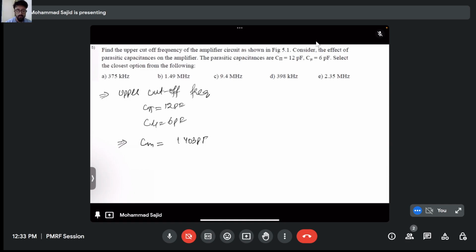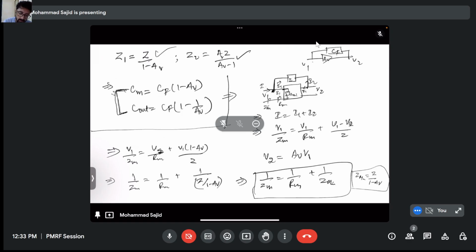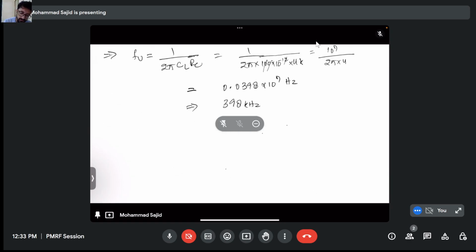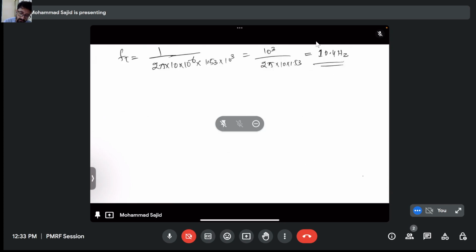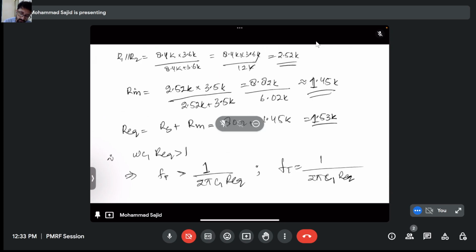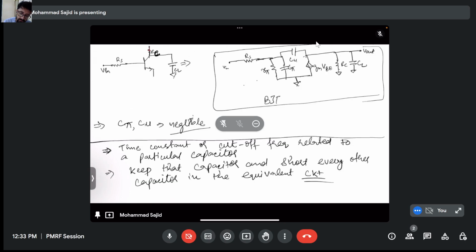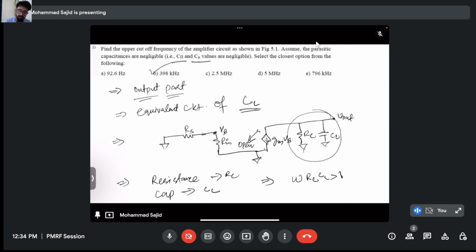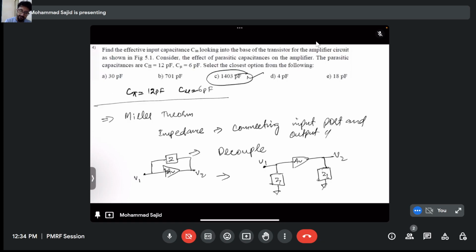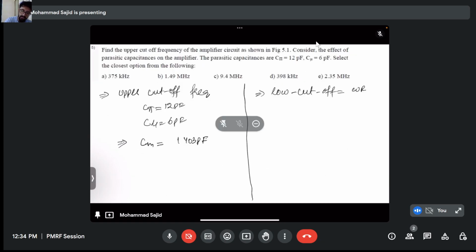Okay, so to directly answer, we can get the lower cutoff frequency. Lower cutoff is given by omega, R equivalent C1. R equivalent C1 gives you the lower cutoff frequency.